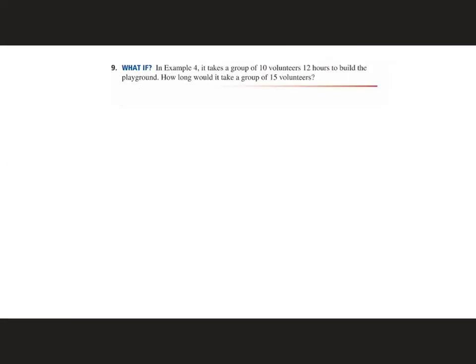So in example 4, the last example we just did, suppose it takes a group of 10 volunteers 12 hours to build the playground. How long would it take a group of 15 volunteers? We're going to use that same equation, but we have a different value for a because it's a different set of volunteers and hours. So our equation is t is equal to a over n. We just want to plug in 10 and 12 and figure out what a is.